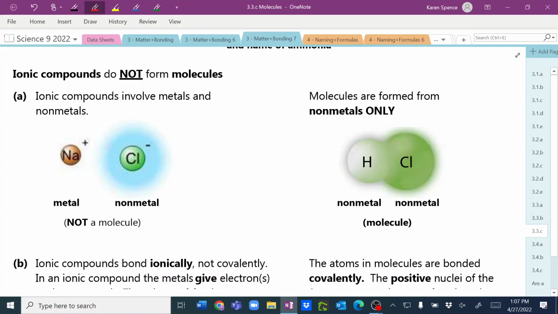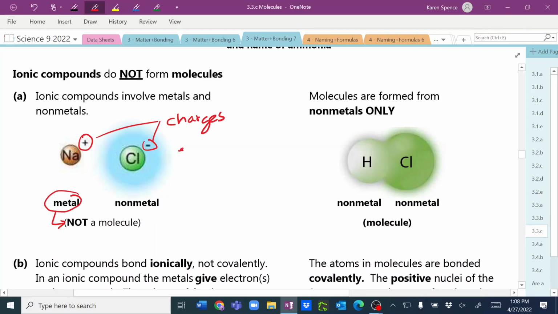We see a metal. And if you have a metal, it is not a molecule. What else do you see? We see charges. Therefore, it's not a molecule.